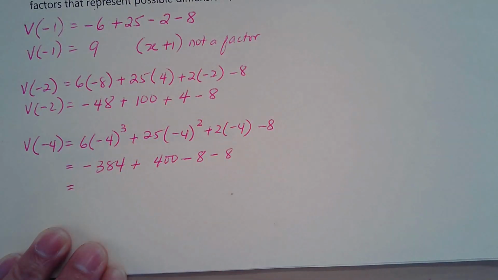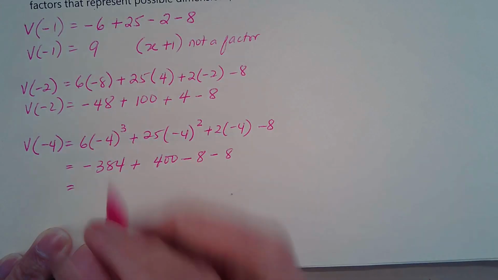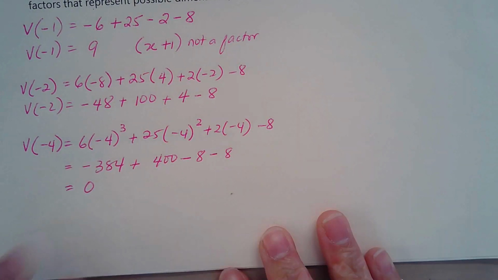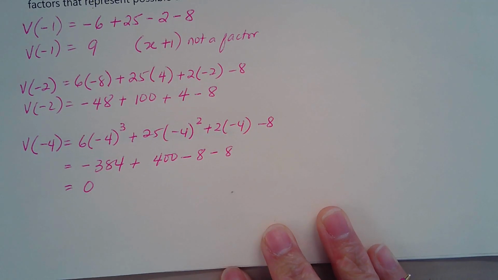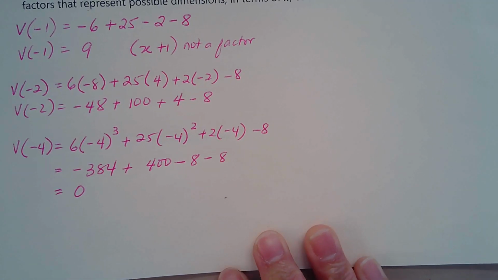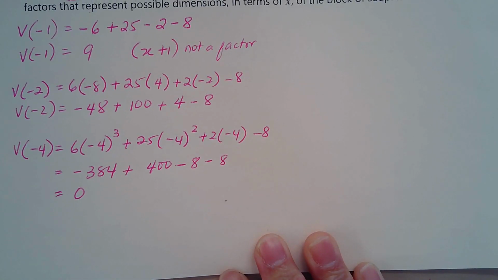Is that going to give us 0? Yes, 0. We found one factor. v of -4 is 0.